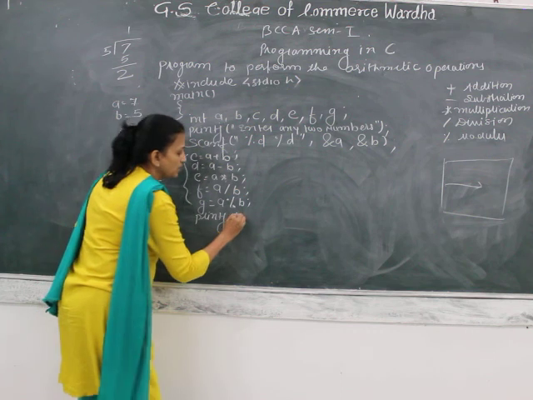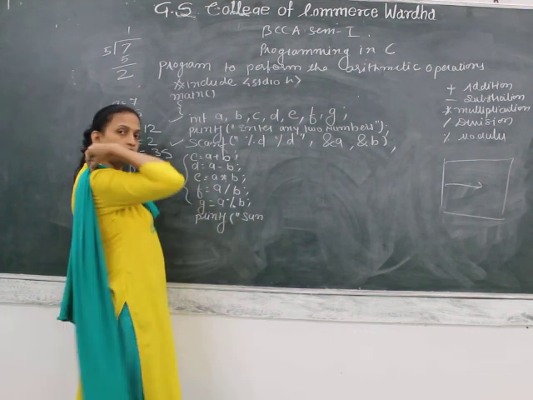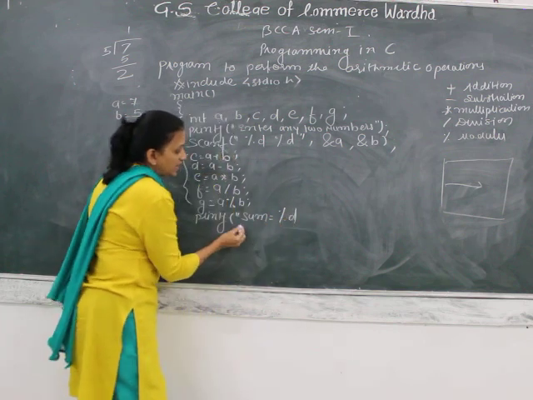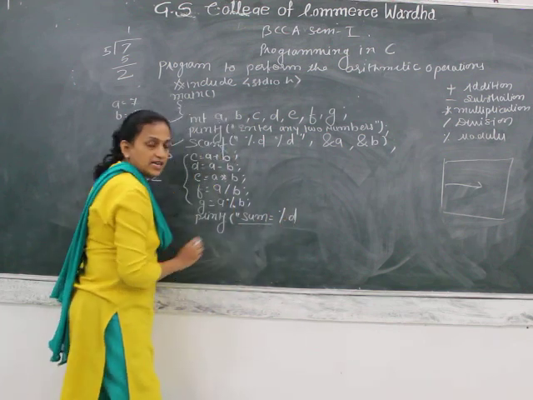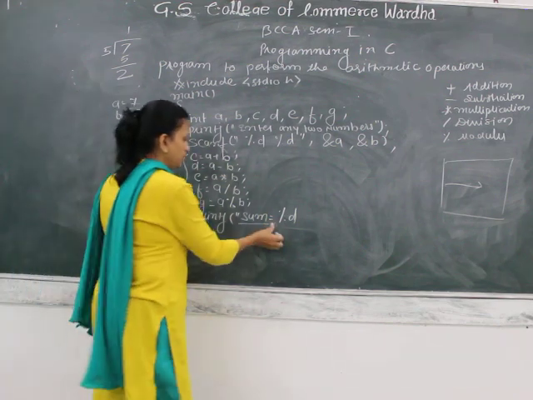In printf we use sum equals %d, which means this will print as it is, and %d will take the value of a variable.